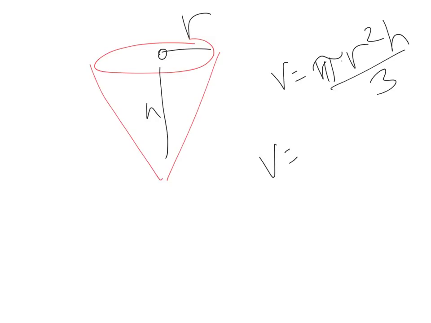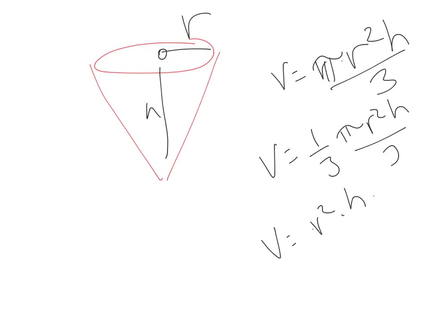That's the way I like to do it. Or some people like to do it like this: 1/3 of pi r squared times height. Or I actually like to do it like this. I like to get r squared times h times pi, and I like to divide the whole thing by 3. Personally, that's how I like to do it.